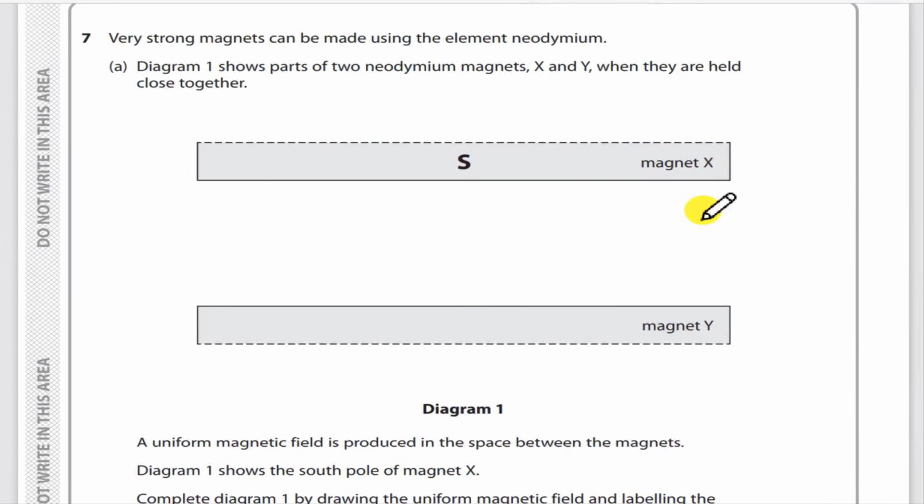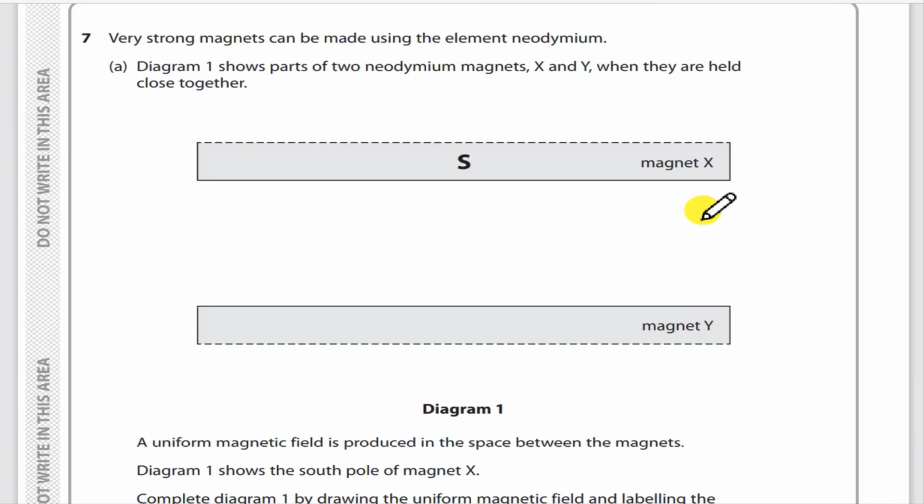So question number 7. Very strong magnets can be made using the element neodymium.